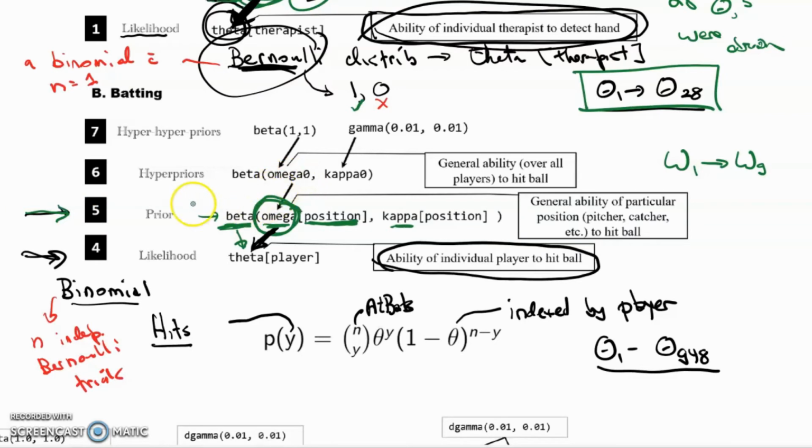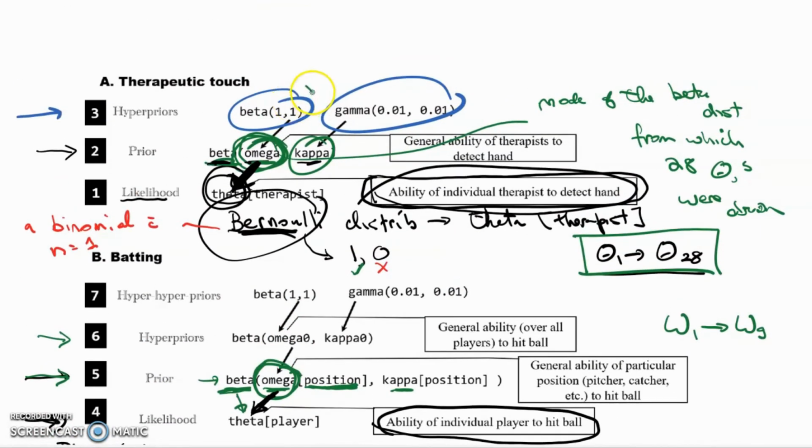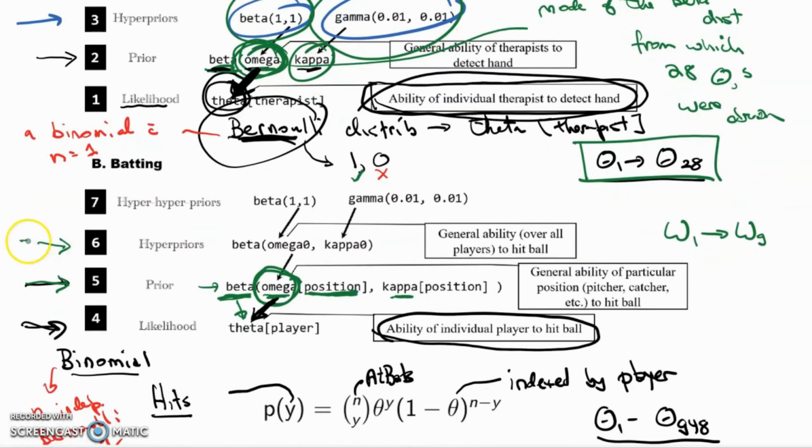Now we're going to specify a prior for our prior, that's going to be a hyperprior. Up here we just had these fixed hyperpriors. Now what we're going to say is that the hyperprior for omega, and our focus is going to be on omega, is once again going to be a beta distribution, but it's going to be parameterized by omega 0 and kappa 0. And again, you can think of omega 0, that's what our focus is going to be.